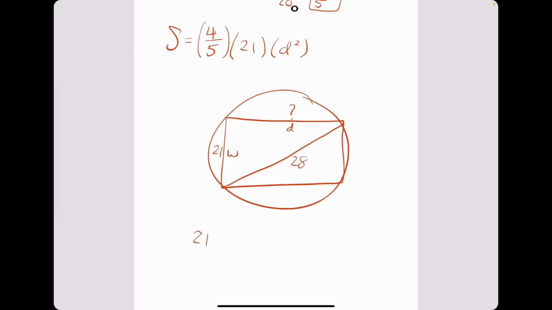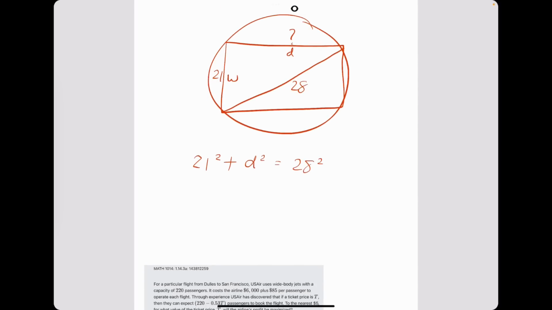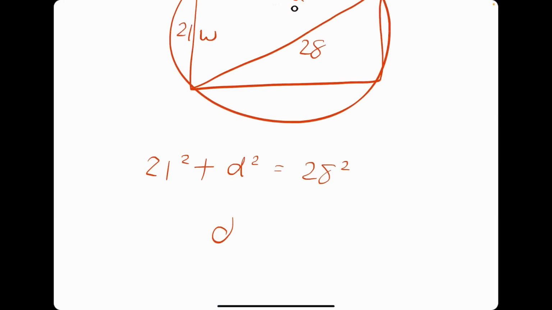So we use 21 squared plus D squared equals 28 squared. So naturally, we solve for D squared by taking 28 squared minus 21 squared. The answer is 343. 343, look at that.